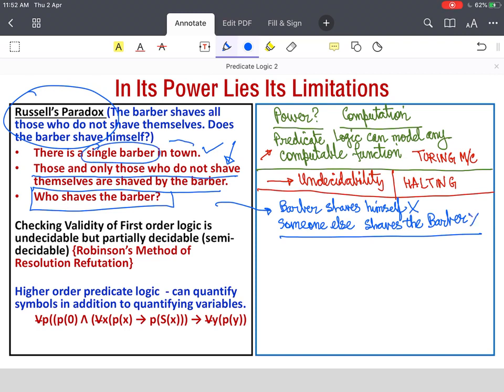But this is also not possible, because we have said that there is only a single barber. So this is also not possible. So we see that this problem, which is a paradox, has actually no answer in predicate logic. Predicate logic cannot solve this problem. So it is an unsolvable problem.